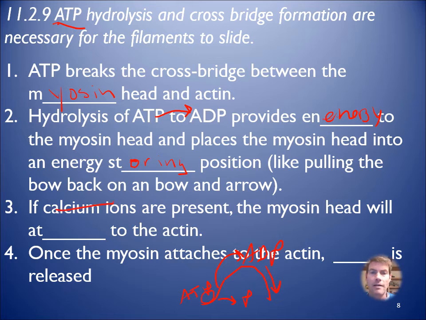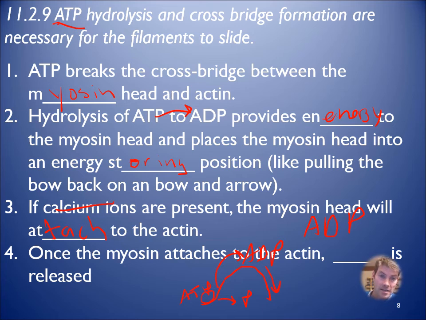Calcium ions are there. The myosin head will attach, or bind, to the actin. And once it attaches to the actin, the ADP is released, and that powers it. And it's not going to release, it's going to stay stuck.